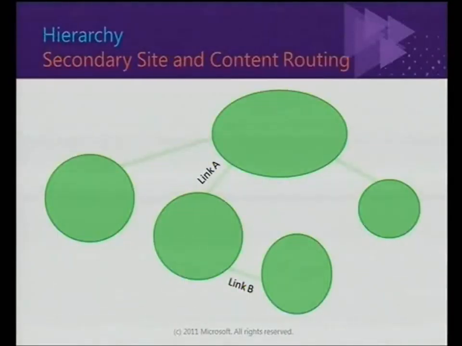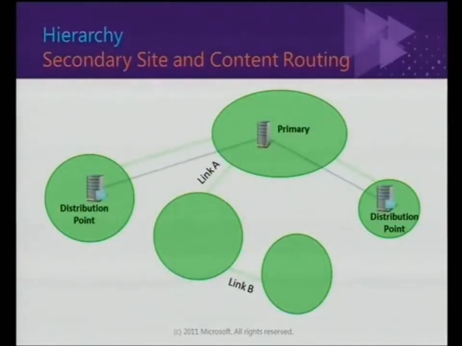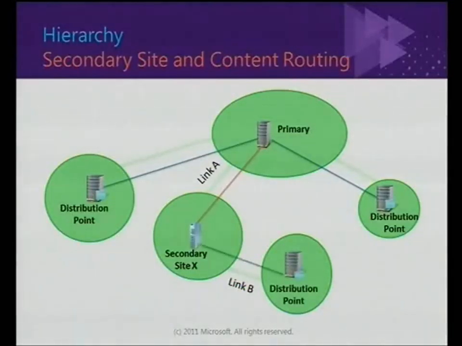Let's have a look at a bit of a demo, right? Or not a demo, just a scenario example. If your network looks like this, and we've got a primary site up in the top, a couple of remote distribution points, this is 2012 infrastructure, remote distribution points, part of that primary site, a secondary site down there, reporting to that primary site, and maybe a distribution point right down the bottom that's part of that secondary site.